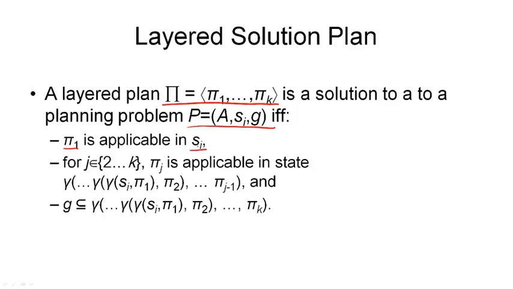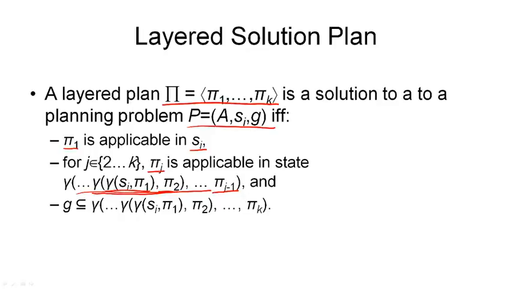Then, for every subsequent set, pi j, so j must be greater than 1, this must be applicable in the state that we get from first applying pi 1 in the initial state, then applying pi 2 in the state that results from this, and then applying the next set of actions, and so on, up to pi j minus 1, applied in the state that we get when we apply these other sets before that. And in this state, pi j must be applicable.